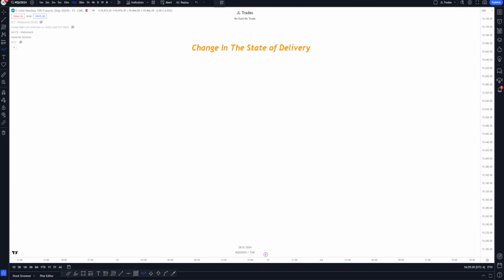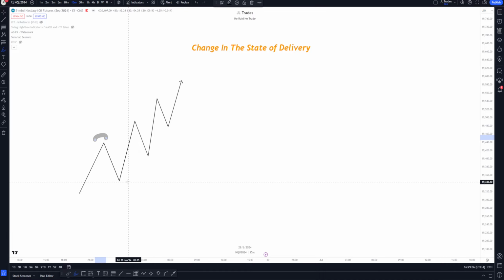Well, you first have to understand if you are bullish, you are creating higher highs and higher lows. So this is bullish price action because we create higher highs and higher lows. Higher high, higher low, higher high, higher low.